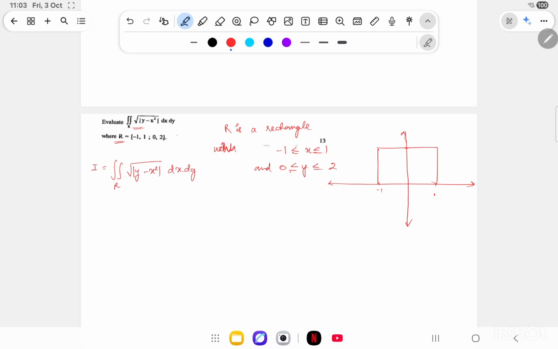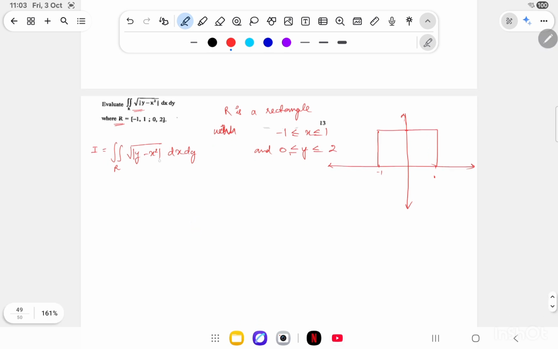Now you see that in the given question they have used modulus inside the under root sign. So our function f(x, y), that is y minus x square, will be equal to y minus x square when y is greater than x square, and x square minus y when y is less than or equal to x square.